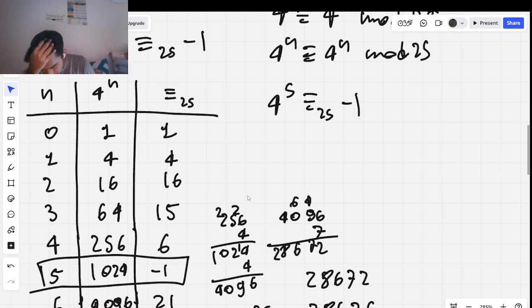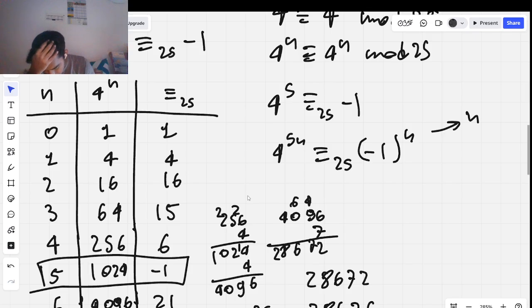Then 4 to the 5n is congruent to minus 1 to the n, then n must be an odd number such that, it actually means m instead of n, 4 to the 5m plus 1 equals 0 mod 25.